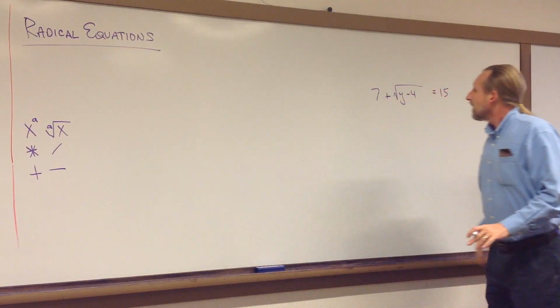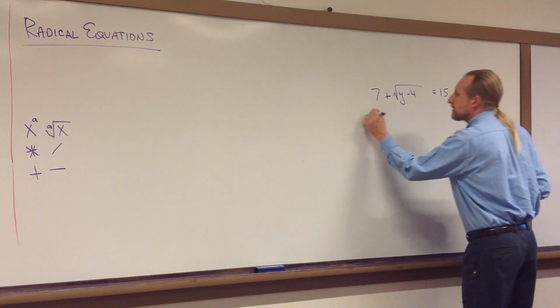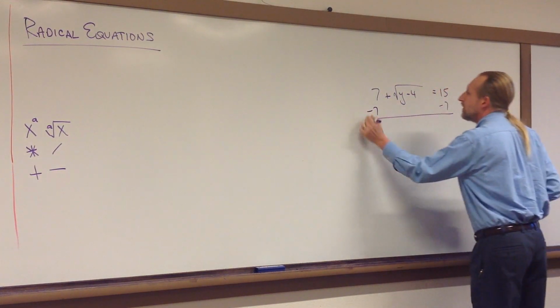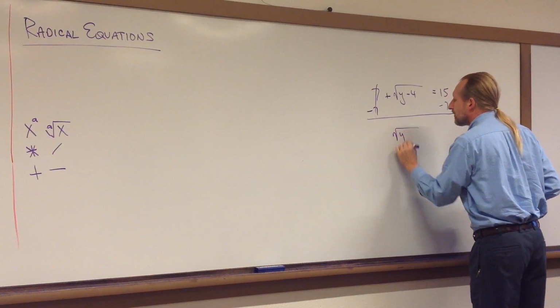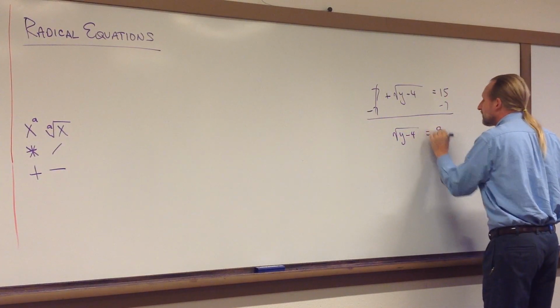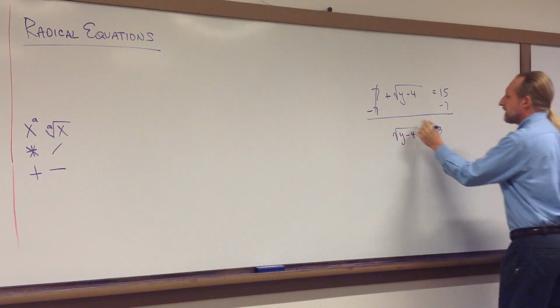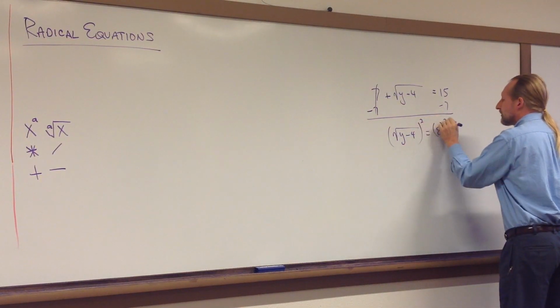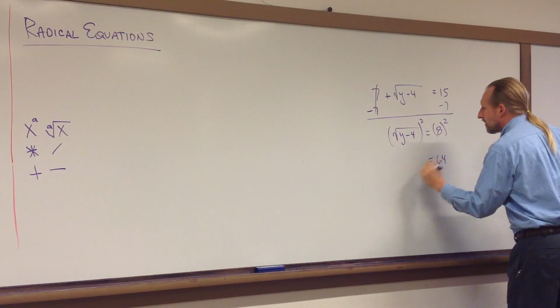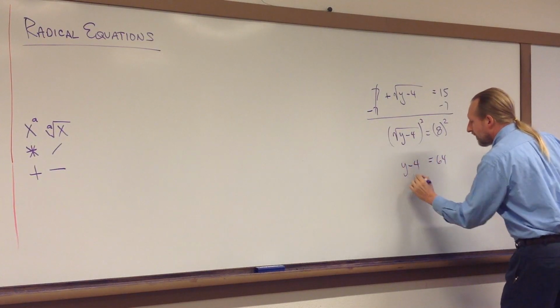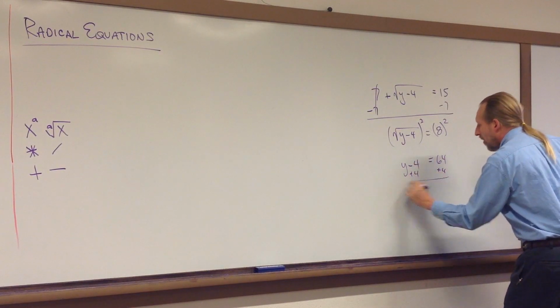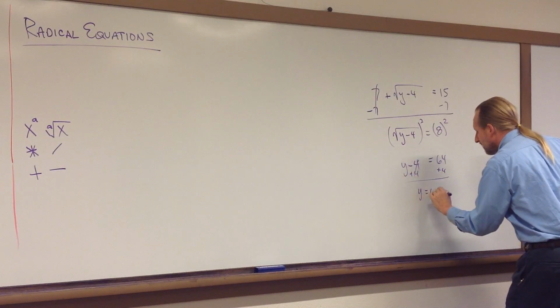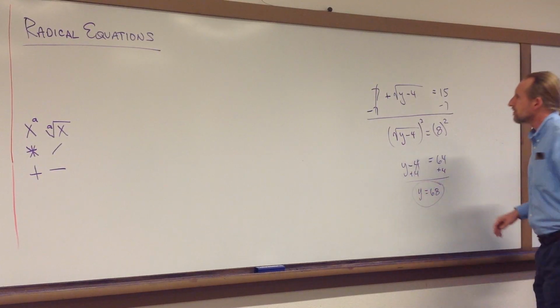Same thing here. I'm going to subtract 7 on both sides, and then we'll have square root y minus 4 equal to 8. Now the square root's by itself, and we can just square both sides cleanly, and then add 4, and we get y equals 68.